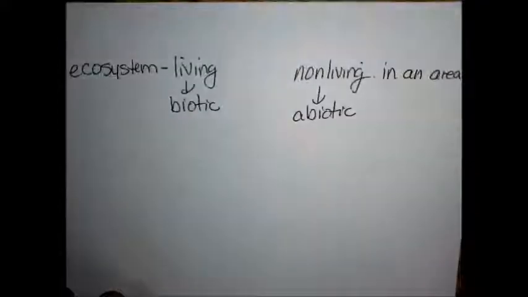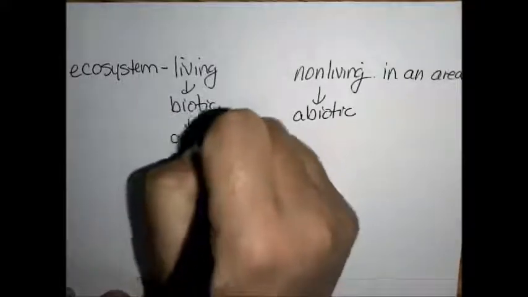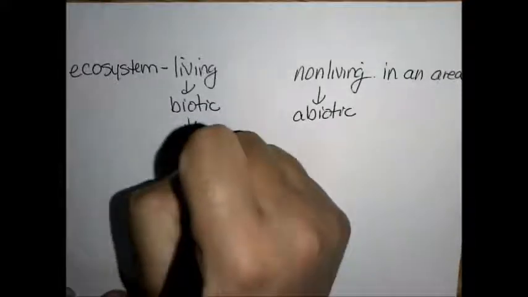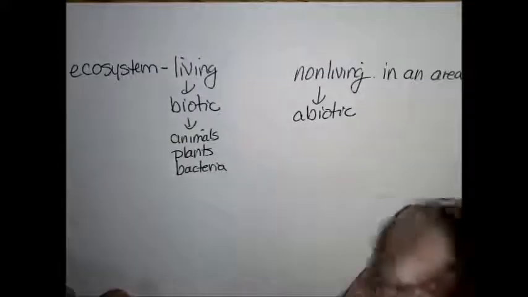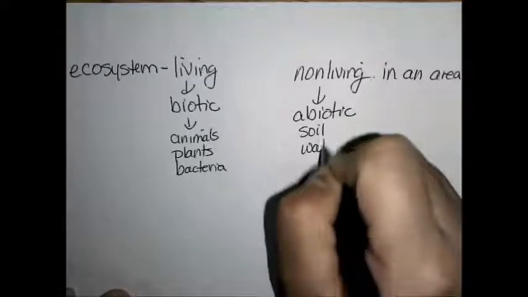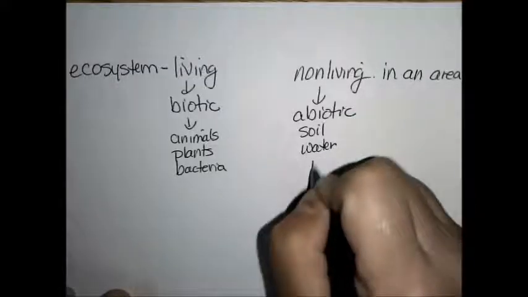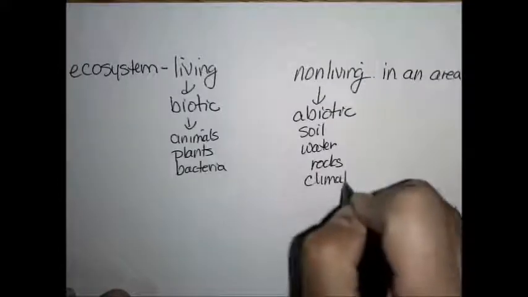Okay? And we talked about what biotic things are, and examples could be animals, plants, even bacteria. And abiotic can be soil, water, rocks, and can be the climate as well.